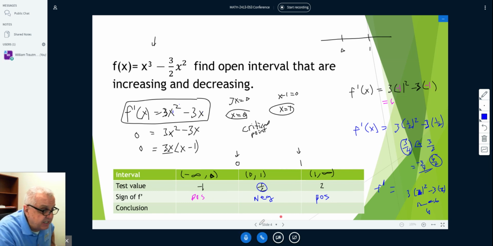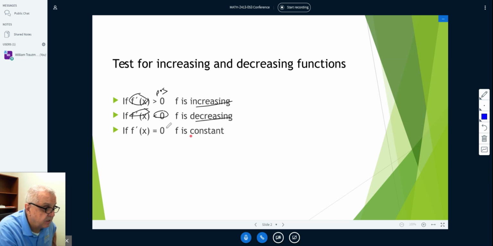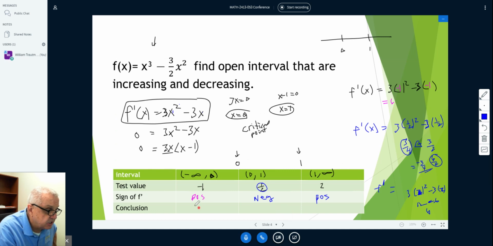So the conclusion is, if our slope is positive, greater than 0 means positive, our function's increasing. So our conclusion is, during this interval, negative infinity to 0, our slope is positive.